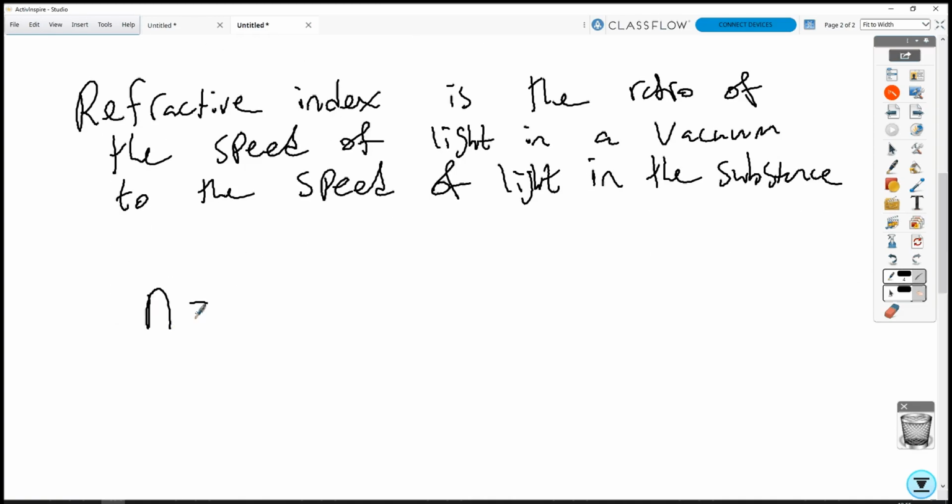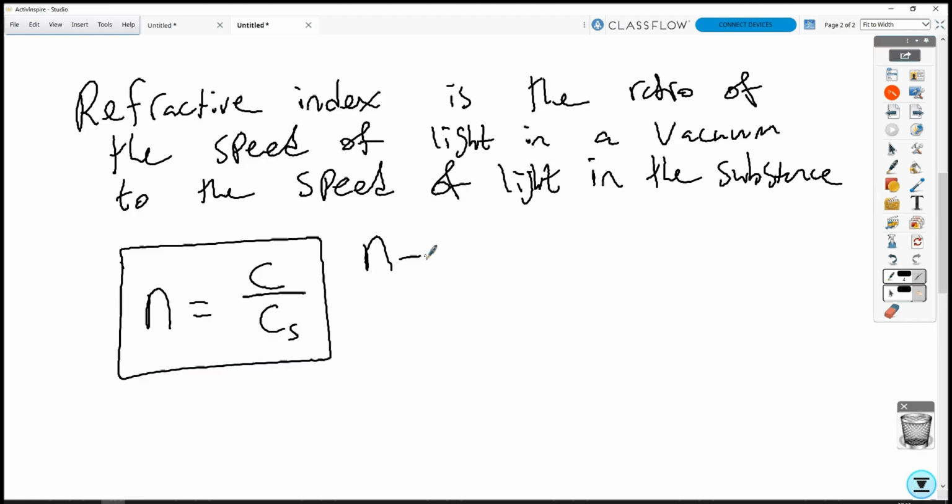So for that, we'll do n equals c over cs. Put a box around that. n is the refractive index.